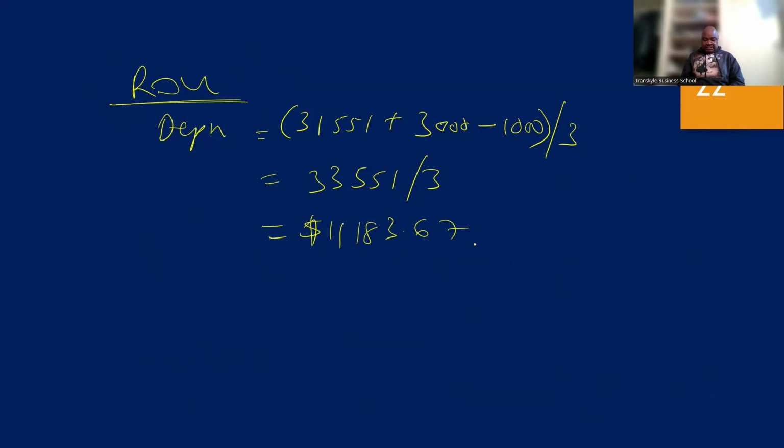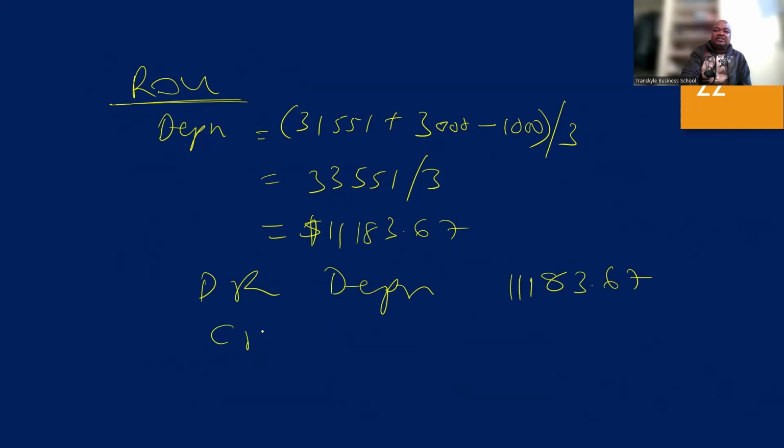So that's the depreciation charge. And we are debiting depreciation, 11,183.67, crediting ROU, 11,183.67. We are reducing ROU by the depreciation.